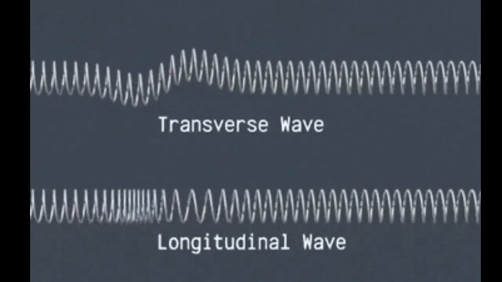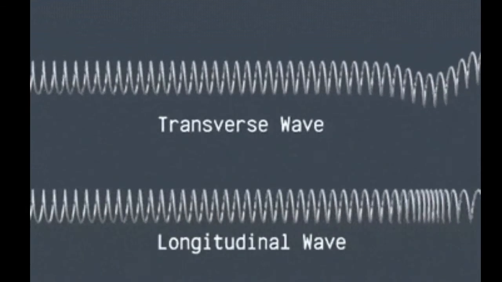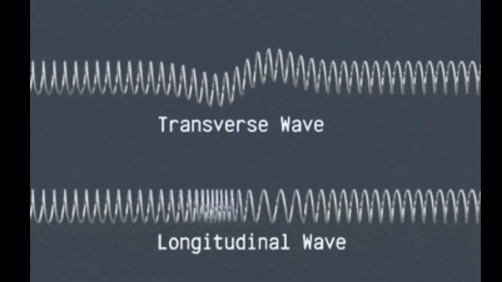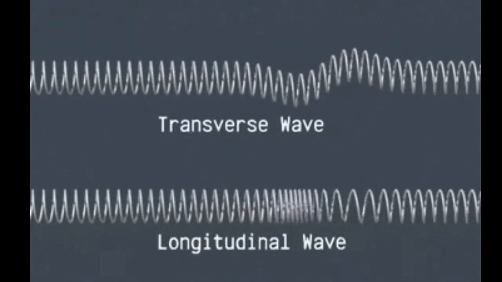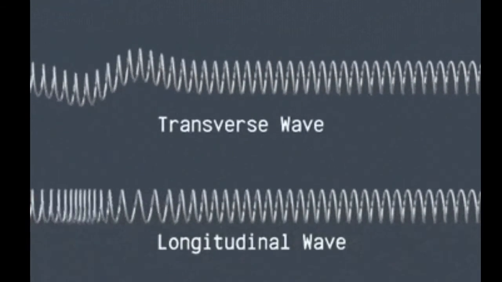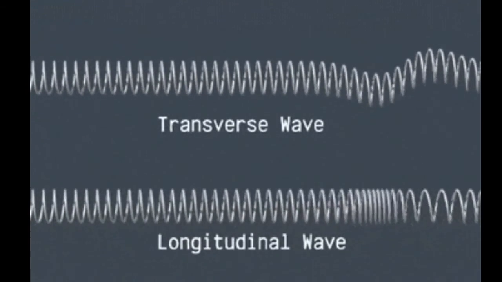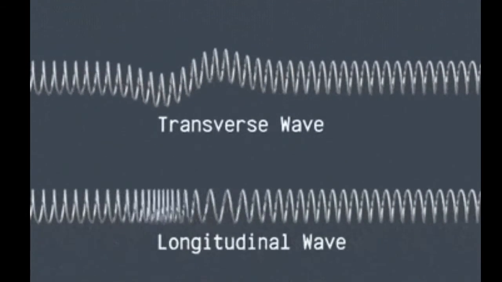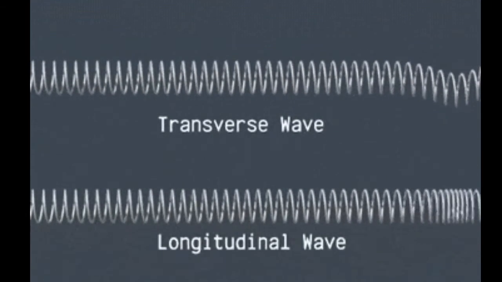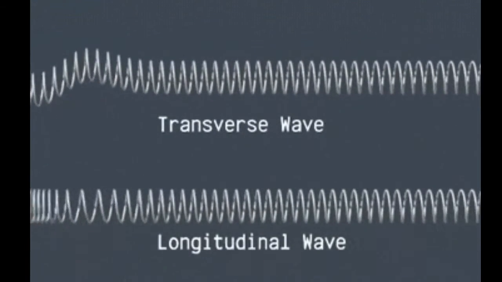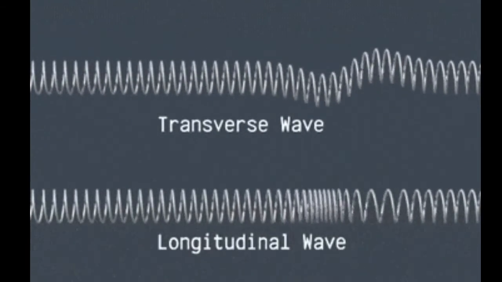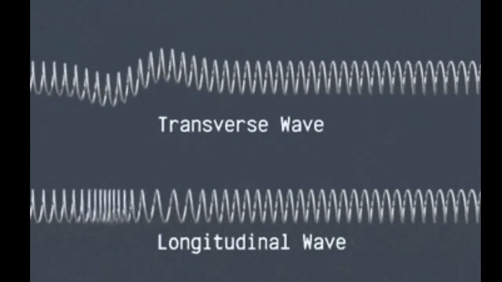So if we take a look at this GIF, we can see that there's actually two different types of traveling waves. We've got a transverse wave and a longitudinal wave. And the only difference between these two is the direction of our displacement from equilibrium. So we see both waves are traveling to the right. The transverse wave, though, our displacement is perpendicular to the direction of travel.